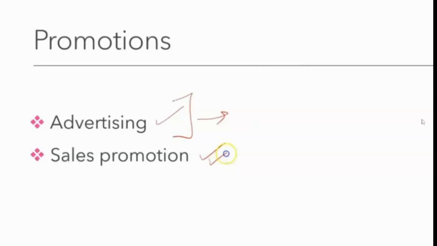But if you don't have the budget, then it would be very, very difficult for you to promote your product. Make sure that whenever you are selling any product, your promotion or your advertising is right. That's very, very important. So this was all about advertising.